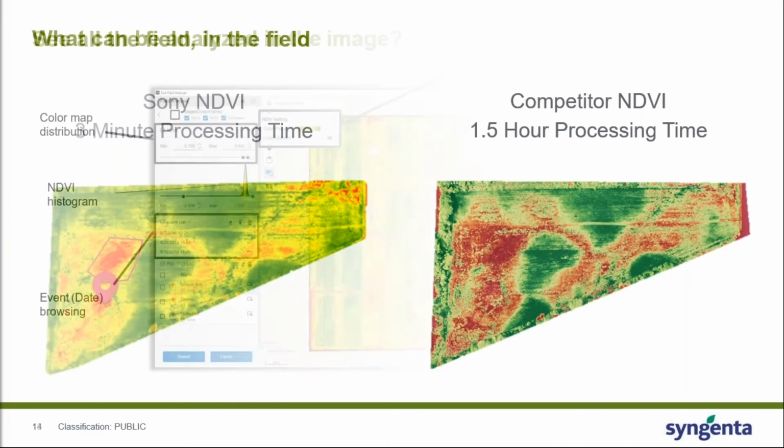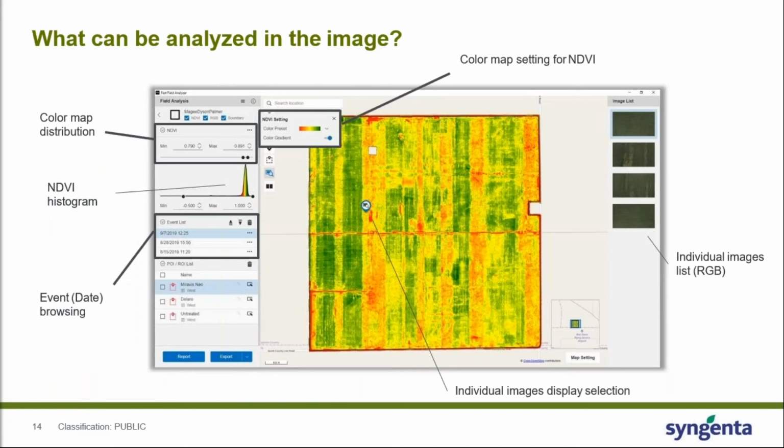So as we look at what can be analyzed in these images captured off the drone, there's a lot of different things. Some of these were mentioned already, but you have a color map setting with NDVI here. You see the large field in the center, but there's a few other neat features that are available in Sony's Fast Field Analyzer tool.